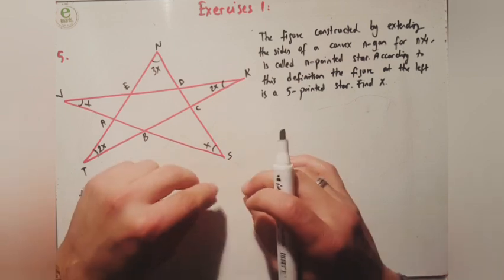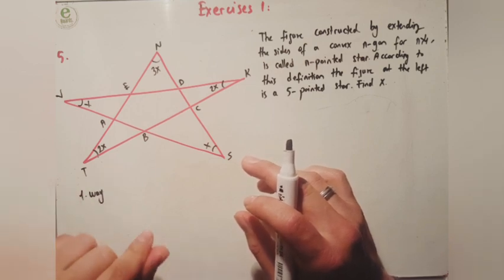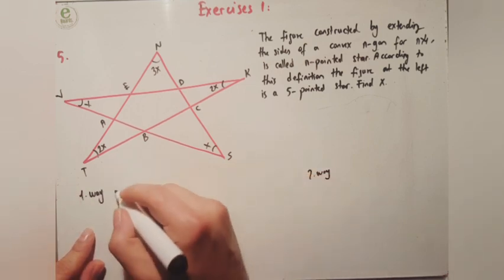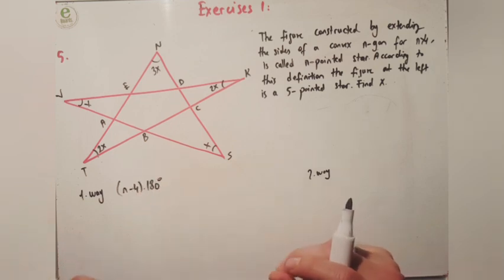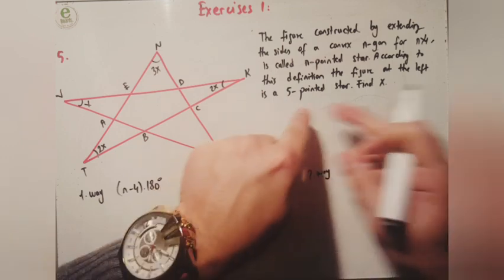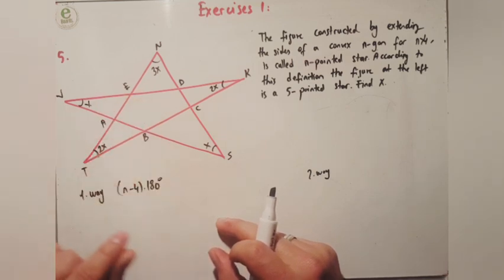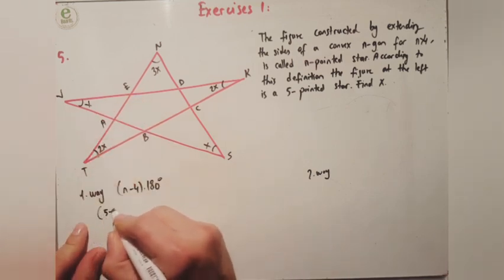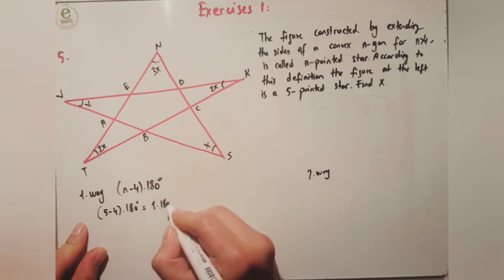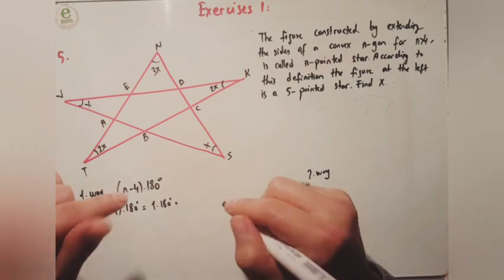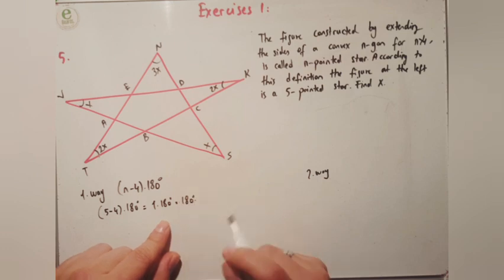The sum of the measures of the angles at the corners of an n-pointed star is (n minus 4) times 180 degrees. It is for an n-pointed star. It is a 5-pointed star. So what is the sum of the interior measures of this 5-pointed star? 5 minus 4 times 180 degrees. So it is 1 times 180. It means that the sum of the interior measures of this polygon is 180 degrees.